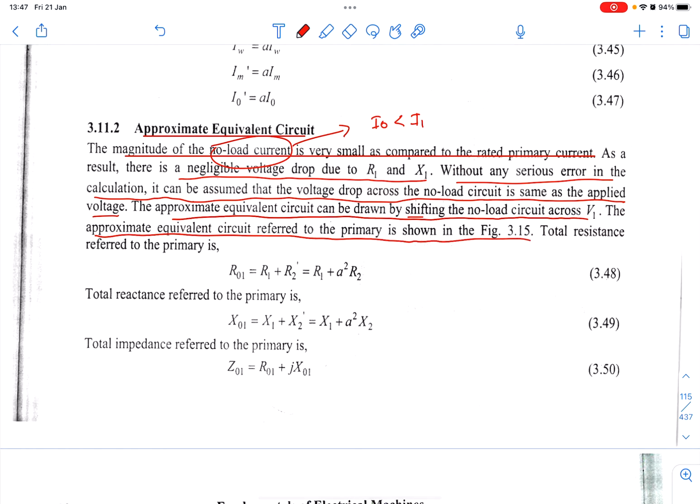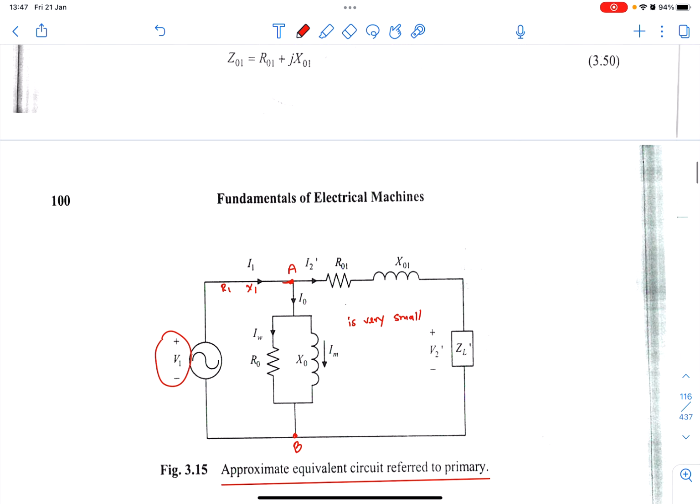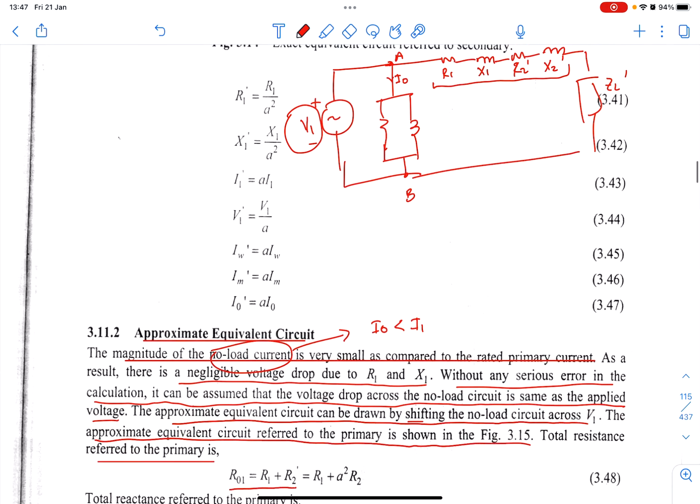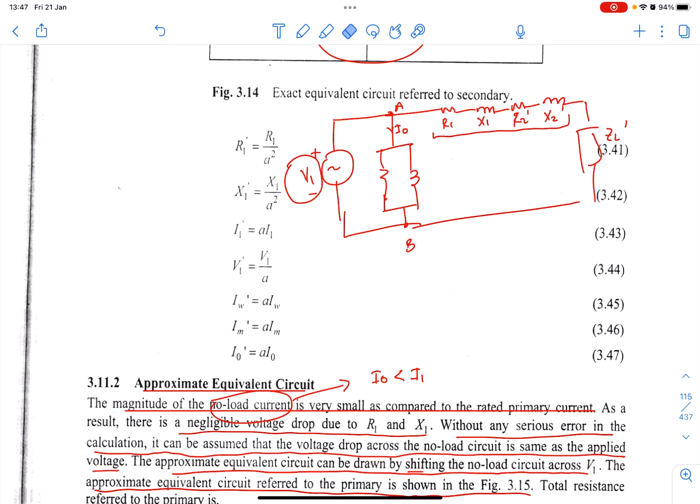figure 3.15. The total resistance referred to the primary is, here the whole thing becomes R01. So R01 is equal to R1 plus R2 prime. If you look at here, you can total up this resistance with R1 and R2 prime.